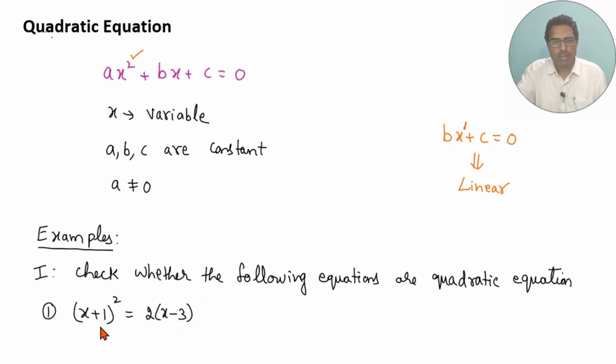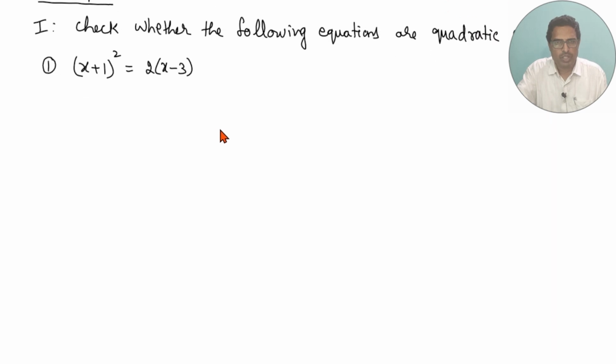Now let us check whether this becomes a quadratic equation after simplifying. We have to get the equation in this form: ax square plus bx plus c is equal to 0. If the equation is in this form, then I can say that the equation is a quadratic equation. Let us try to expand this one.